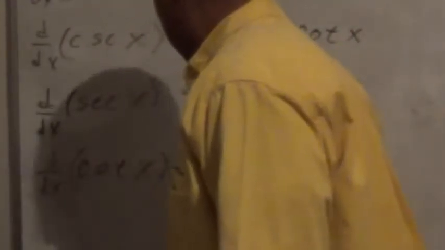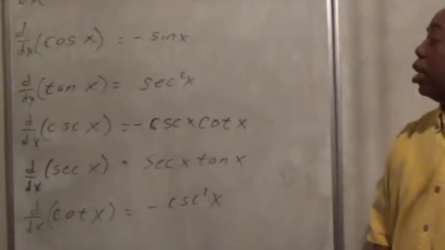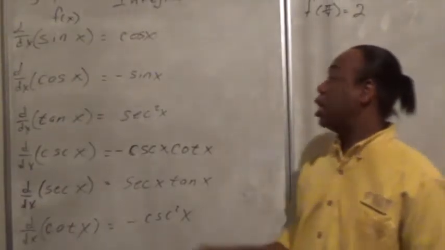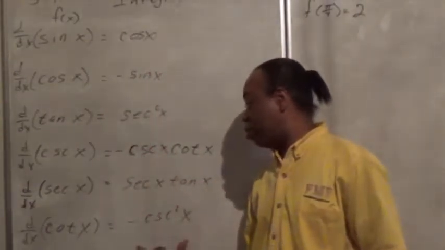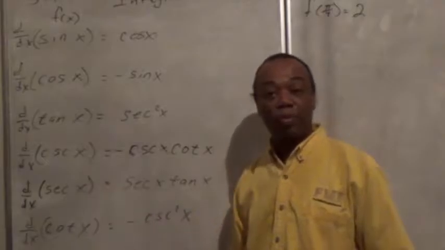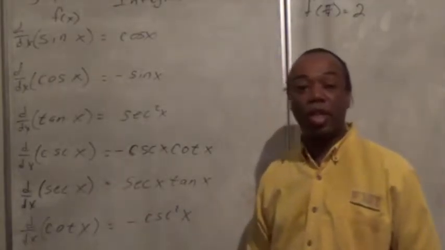Then finally, the derivative of the cotangent of x will be our negative cosecant squared of x. Okay, so an antiderivative of these functions would give us our original. So let's take a look at the antiderivatives.